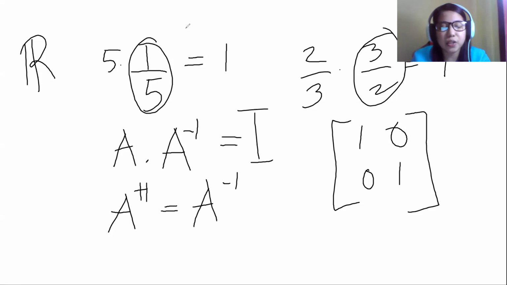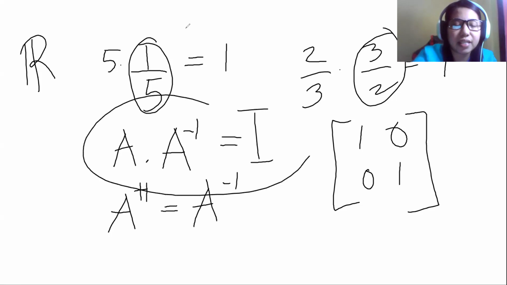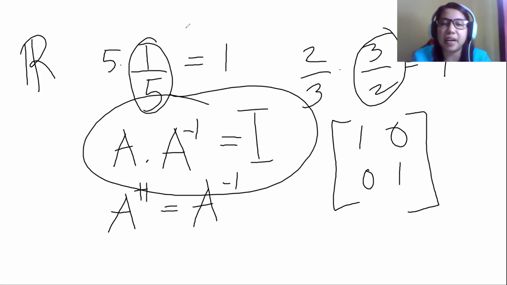For us to determine that, we first have to get the conjugate, then get the transpose of that conjugate, and finally multiply it to A. If the result is the identity, then it means that it is a unitary matrix. Because obviously A multiplied by the inverse is equal to the identity.